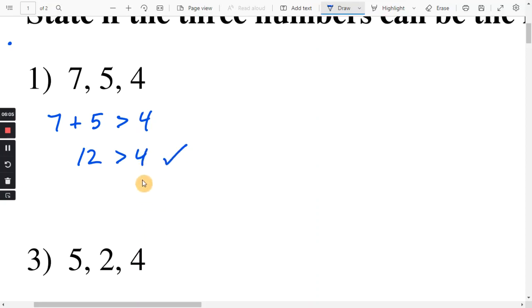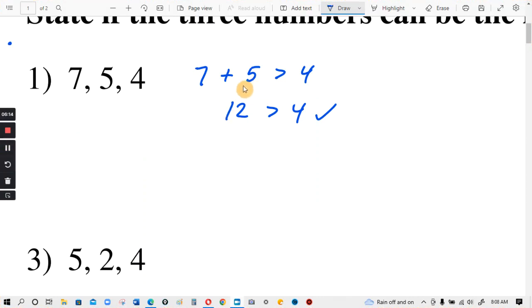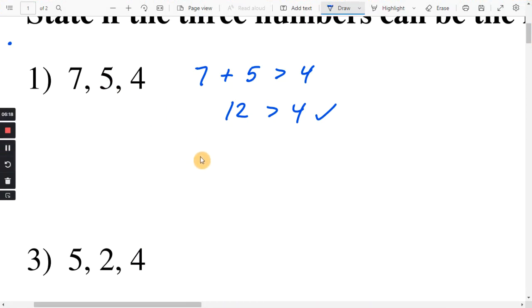Yes. All right. And let me rewrite this. All right, we did 7 plus 5. Then let's try 5 plus 4. Is 5 plus 4 greater than 7? Well, that's basically asking, is 9 greater than 7? And we know that that's true.